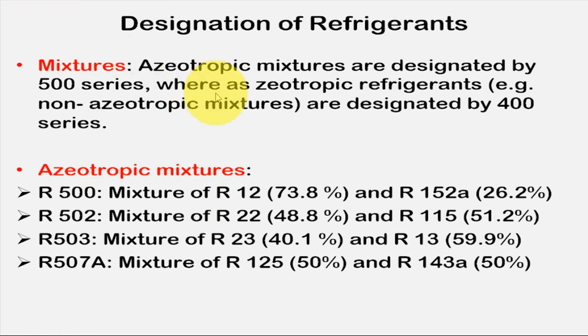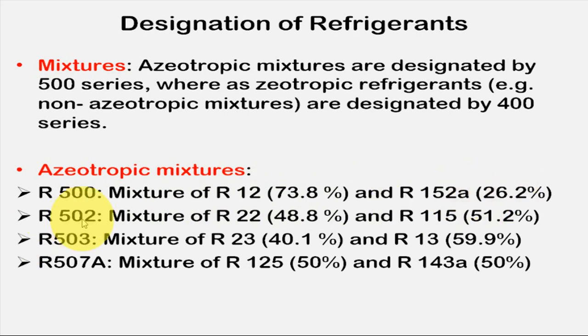The next category is mixtures. If you add two or more refrigerants, then a new refrigerant is formed. Azeotropic mixtures are designated by the 500 series, whereas zeotropic refrigerants are designated by the 400 series. For example, R500 is a mixture of R12 73% and R152A 26%.